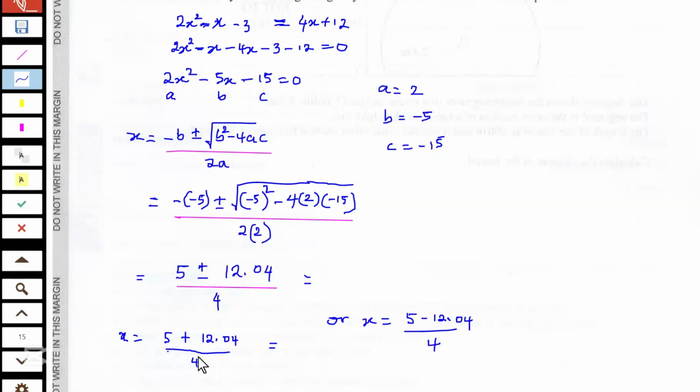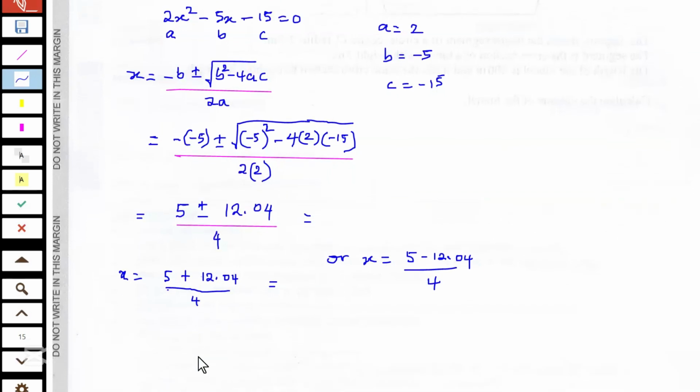After adding and dividing by 4, you're going to get 4.26. The value of x here is going to be 4.26. And if you do that to the second value, 5 minus 12.04 divided by 4, we're going to have negative 1.76.